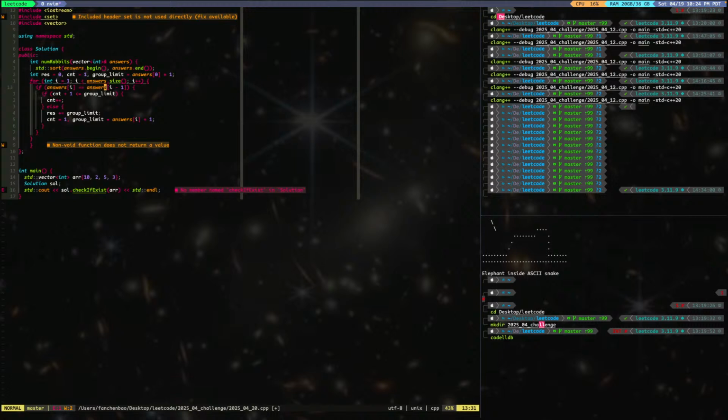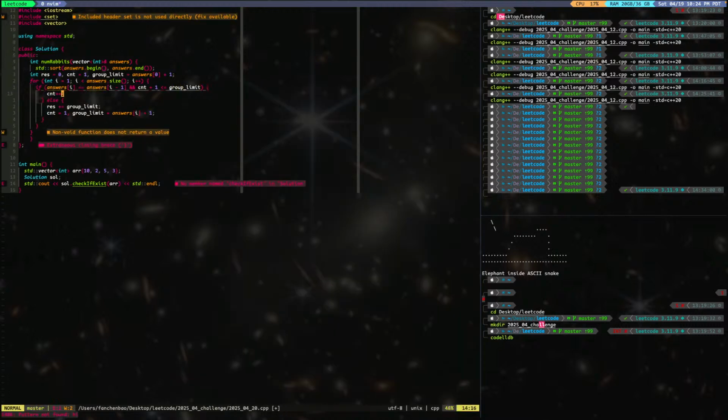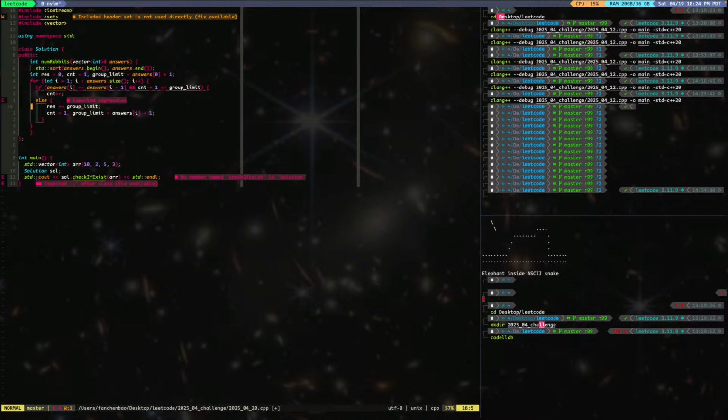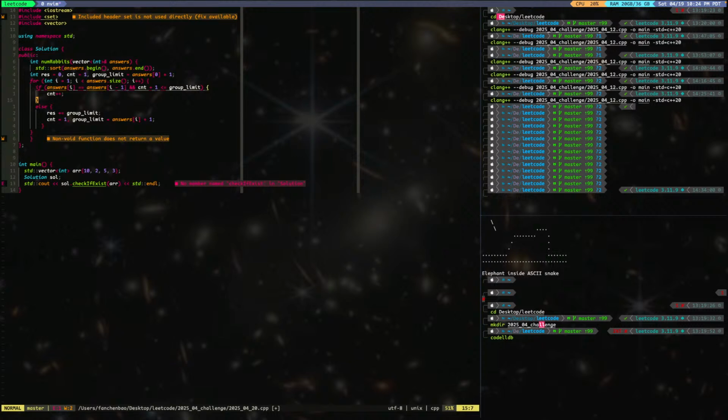If it's not, I think I should do it this way. And count plus 1 smaller or equal to group limit, right? Then we just increment count. Else, either on the other side, or count plus 1 was larger than group limit, and I will update current, reset count, and then reset the group limit. And at the end, we just return res.